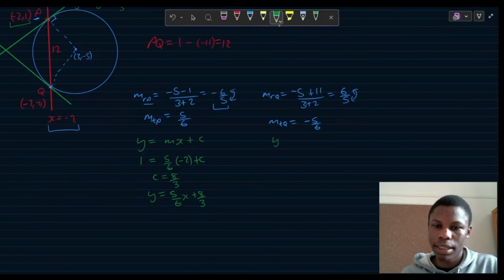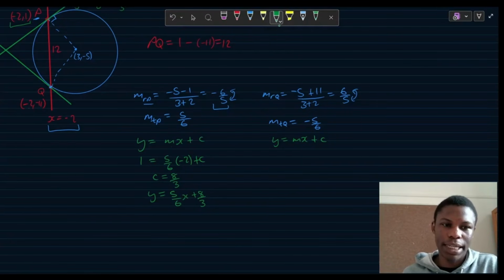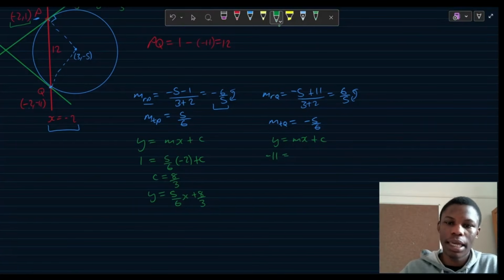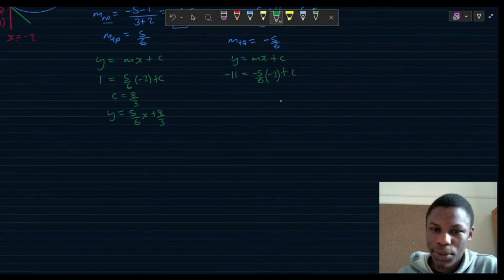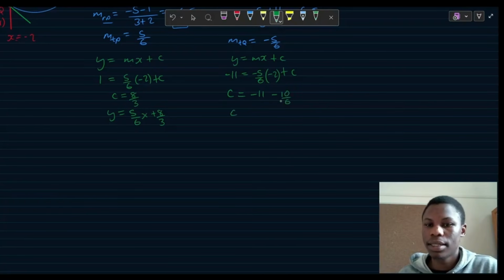And so again, same procedure. Here we have the point negative 2, negative 11. So we've got negative 11 is equal to m, which is our negative 5 over 6, multiplied by x, which is the negative 2, plus c. So we have that c is equal to, that's negative 11 minus 5 times minus 2, so positive 10, so minus 10 over 6 when we move it to the other side.